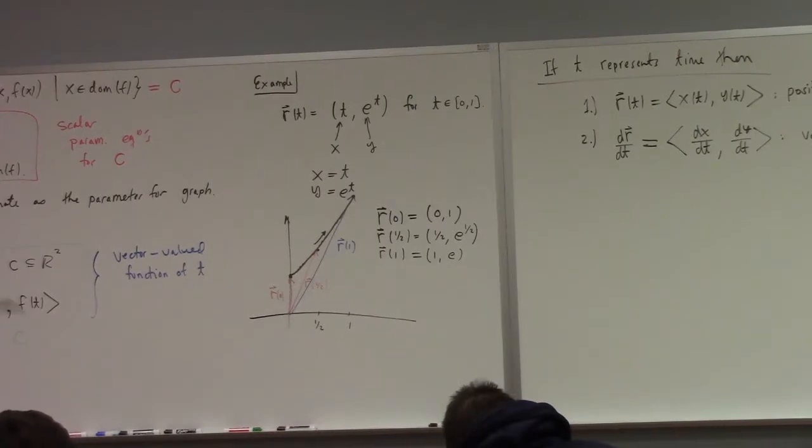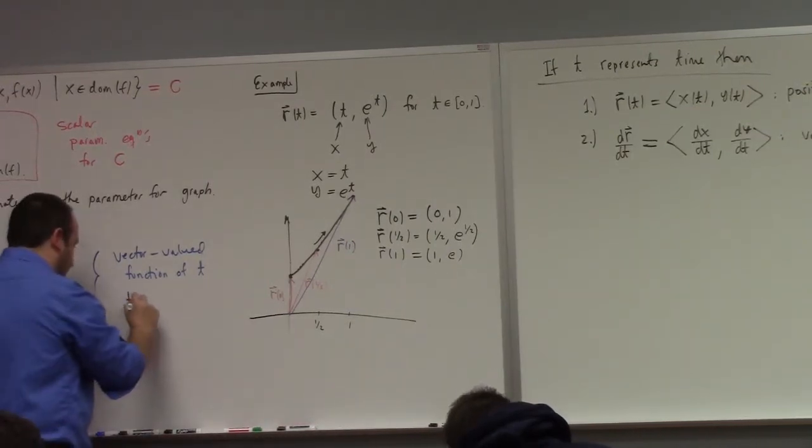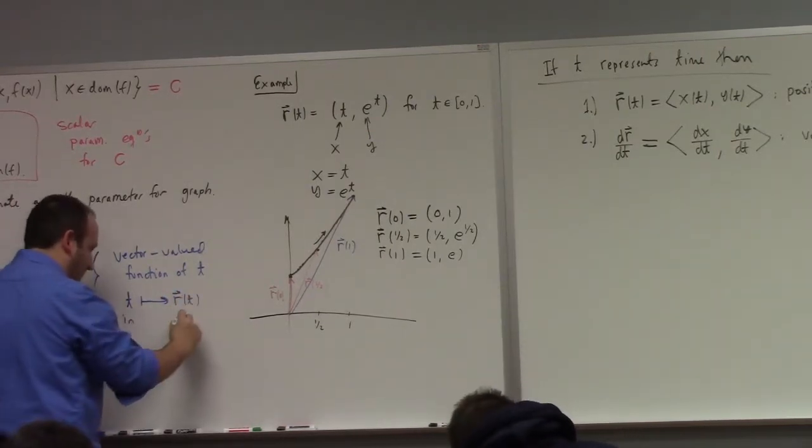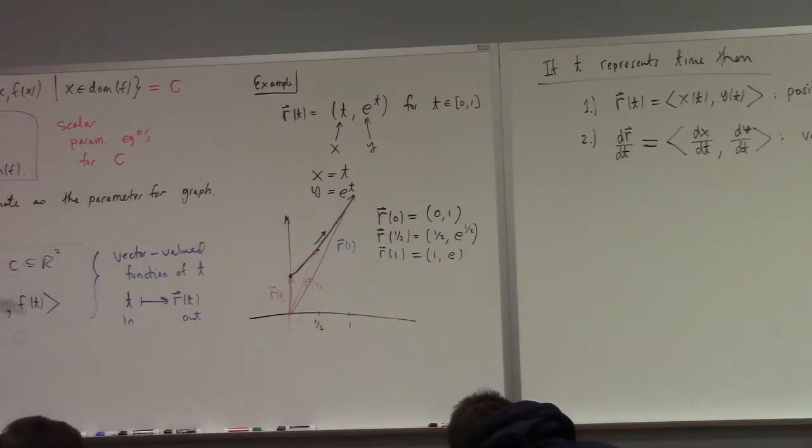Does that terminology make sense? You give me a time, t, and the vector outputs r of t. Input, parameter; output, point, or vector if you like to look at it that way. t is the input, r of t is the output. A function is a machine.